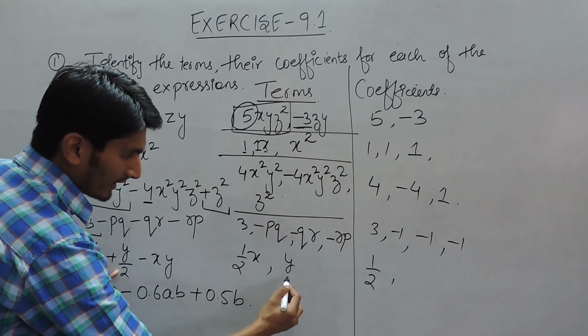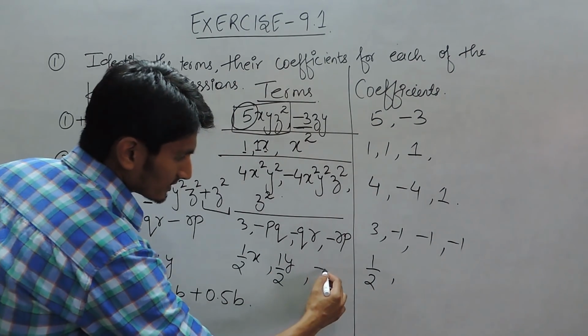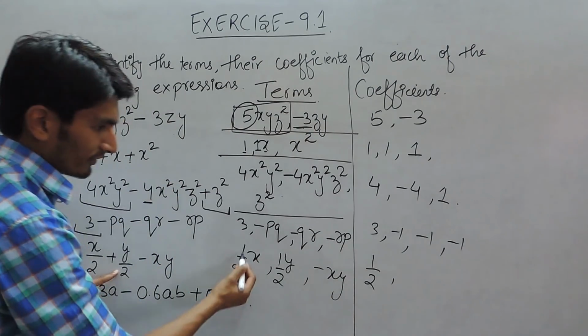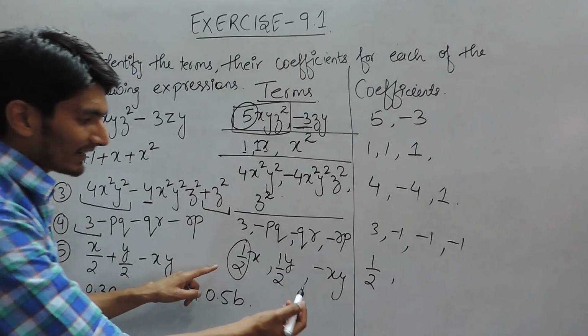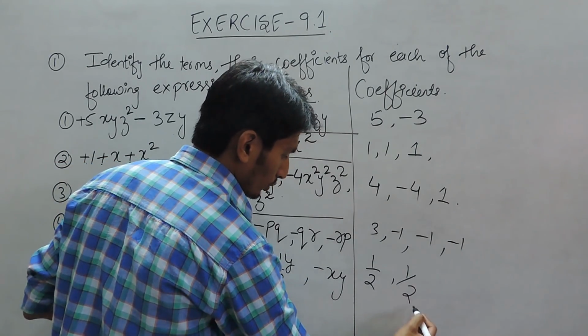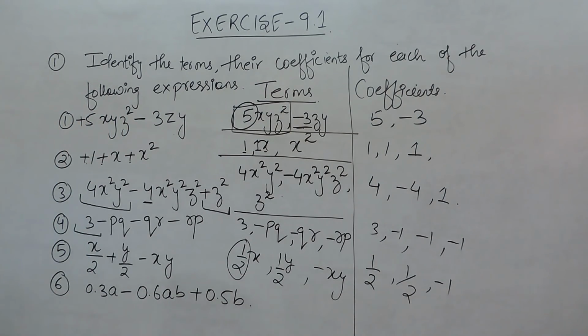In the second case y, 1 upon 2 should be the second, and last xy. So in the first case 1 by 2 should be the coefficient. In the second case again 1 by 2 should be the coefficient, and for the third one, minus 1 should be the coefficient. The last one we can simply identify the terms as well as coefficients.